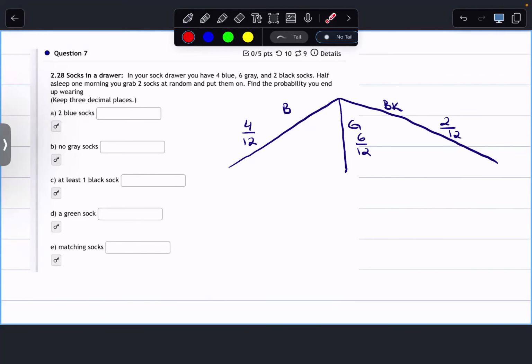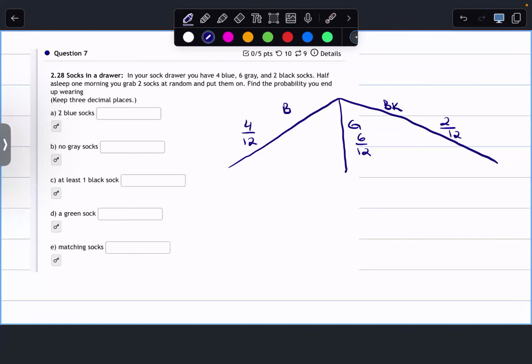Okay, I've picked my first sock. Now I'm going to dive in again and pick my second sock. How many socks do I have to choose from now? Now I have 11, right? And depending on what my first sock color was, that's going to impact the probability of the second sock color, right?